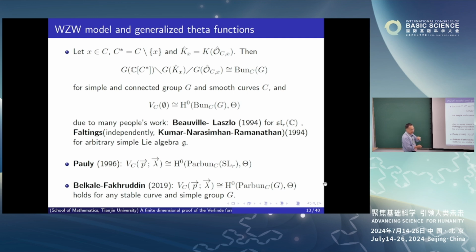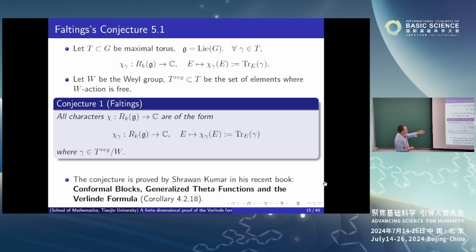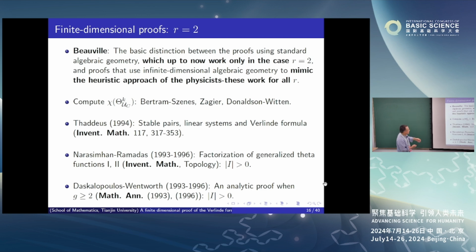This is what Beauville calls using standard algebraic geometry. But when he wrote this paper, many years ago, he said it was only for some special cases. For example, using Riemann-Roch, you can compute this number, but of course you still need to compute the intersection, using intersection theory.